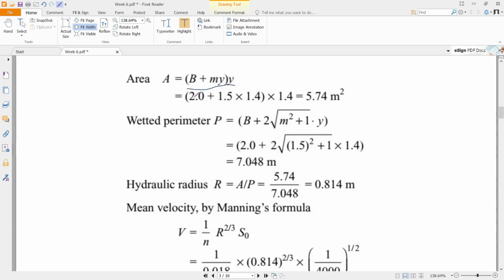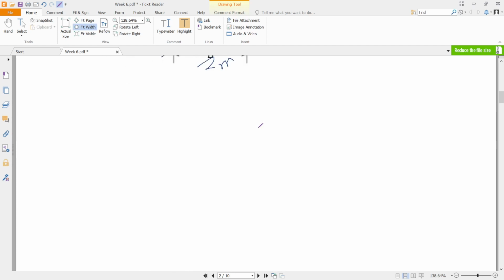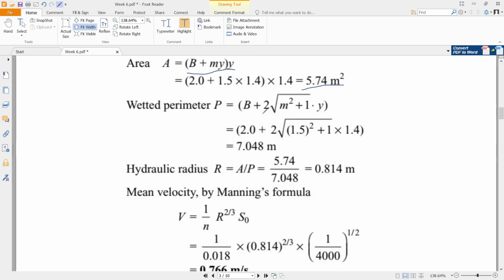The value of b is 2 meter. The value of m, that is the horizontal slope of the side slope, is 1.5, into y, that is the flow depth, 1.4, into 1.4. So it came out to be 5.74 meter square. Then what is the wetted perimeter? The wetted perimeter is the length of this plus this plus this. So it is b plus 2 y square root of m square plus 1.